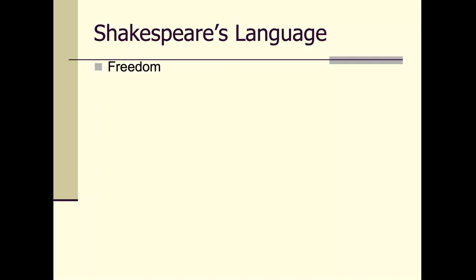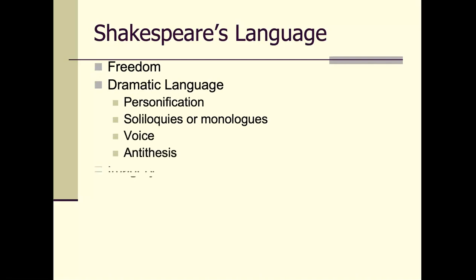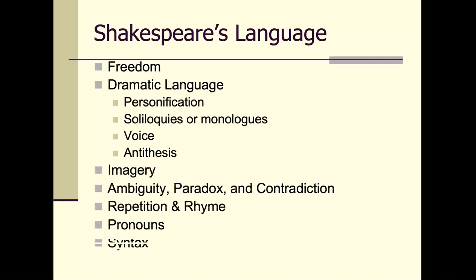In Shakespeare's language, we have a lot of freedom in his writing. He takes a lot of freedoms in his writing. He uses different dramatic language. Soliloquies can also be considered monologues, but they're usually spoken when the character believes that she or he is on stage alone and not being overheard.